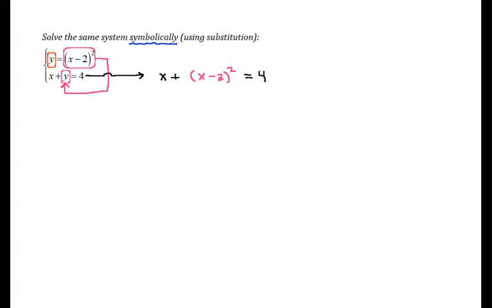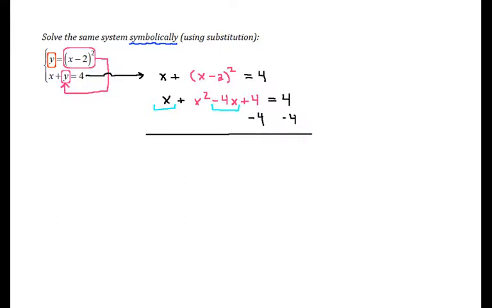This is a quadratic equation, so I'm going to attempt to solve it by factoring. That gets me x plus, squaring out this binomial, remember that's 3 terms, x squared minus 4x plus 4 equals 4. I can now subtract 4 from both sides in order to move terms all to the same side, and I can also combine these two like terms, x and minus 4x, all in one step.